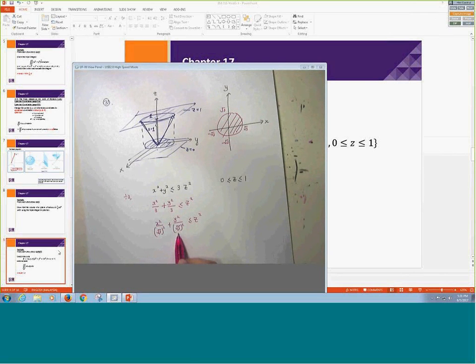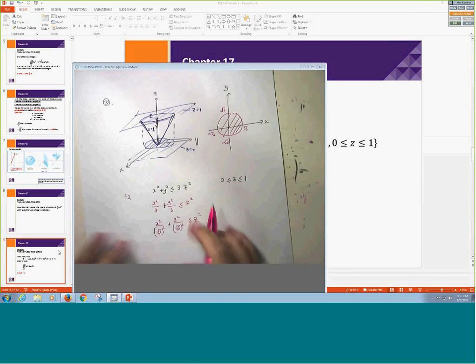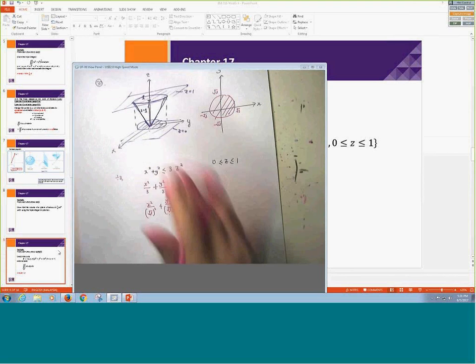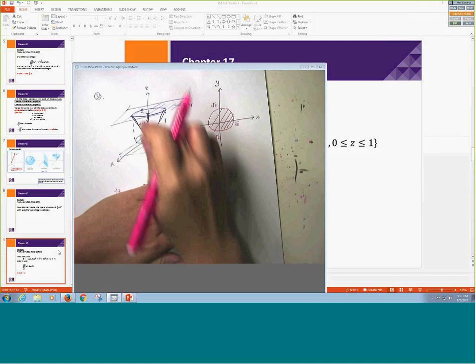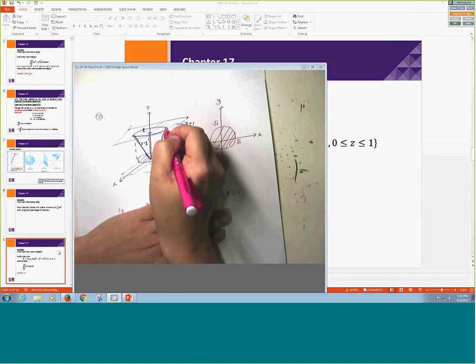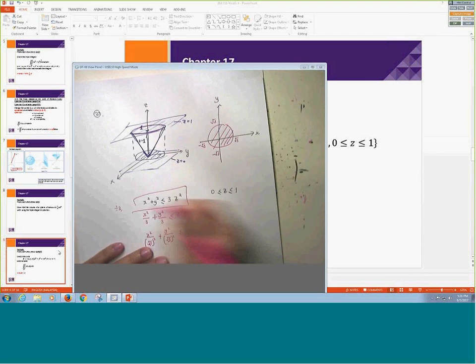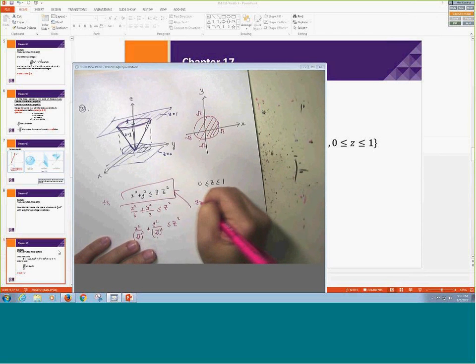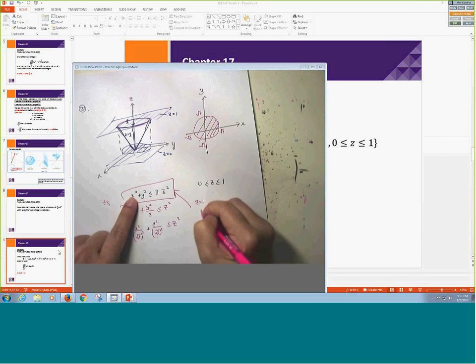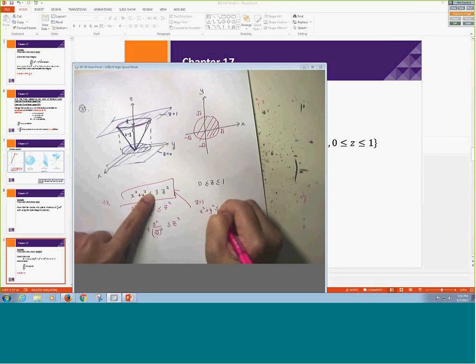Okay, so if you cannot imagine this one, you may look at the circle actually contributed from here. This is when z equals 1. So when you substitute z equals 1, you get x squared plus y squared less than 3.